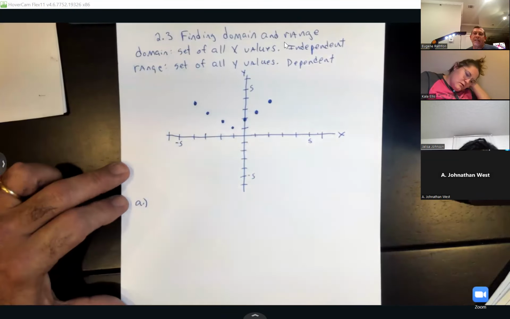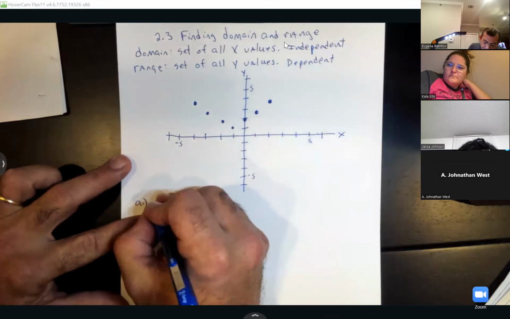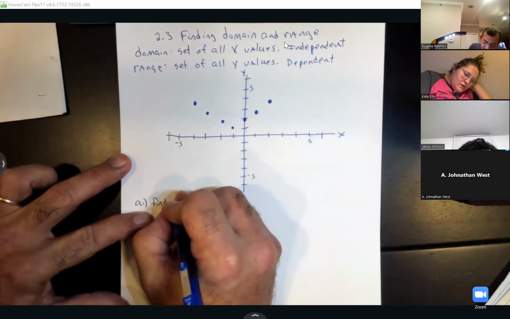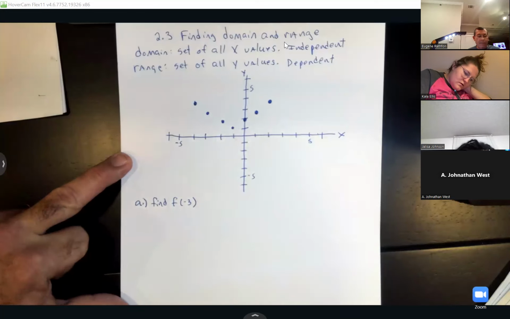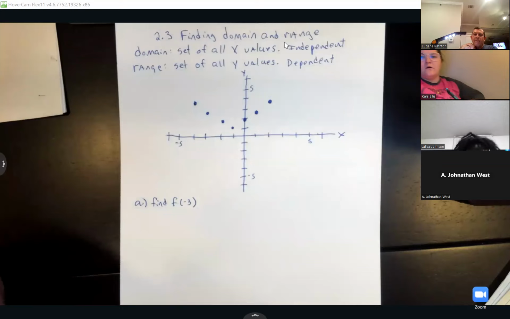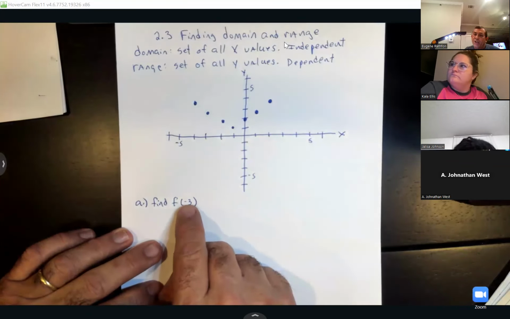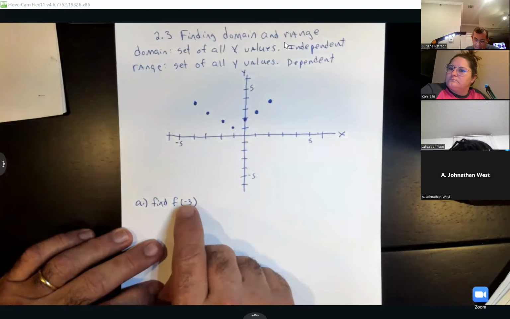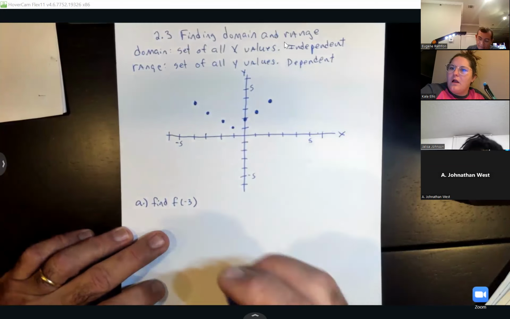So there's 4 things they're going to ask us on these first 2 problems. First of all, on this problem, they want me to find f of -3. So y'all, what this is telling me, since there's a number in place of the x on this, they want me to use that number for x and find the y value that corresponds with an x value of -3.